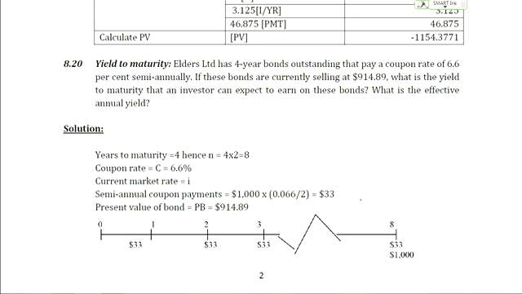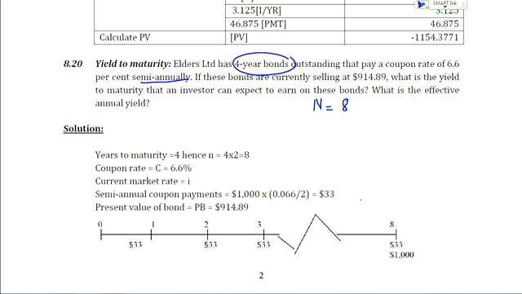Okay? So now, shall we do that? Elders Limited has 4-year bonds outstanding. Coupon rate of 6.6% semi-annually. So just highlight that word so you know that you need to convert again to half a year. So 4-year bonds outstanding, it means that N would be equal to 8. Yep.